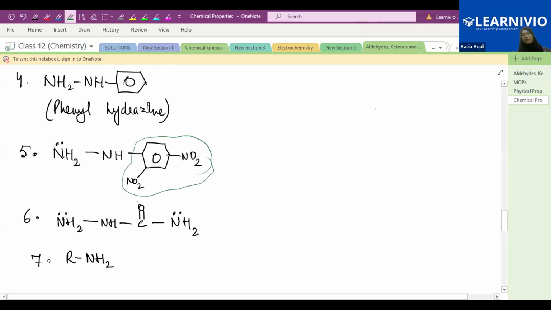What is the name of this compound? At least try it. Aisha, what is the name of this compound?